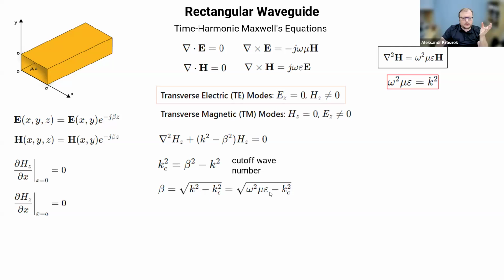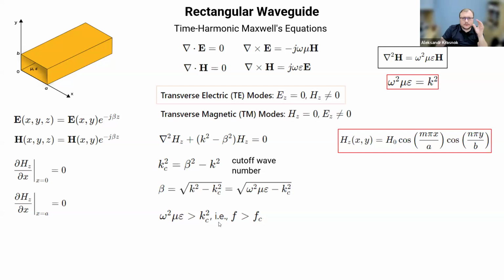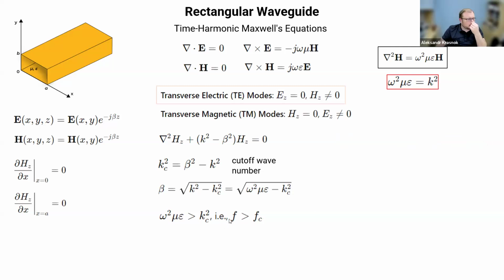And for that, this omega square mu epsilon must be greater than the cutoff wave number squared. Or similarly, the frequency must be greater than some cutoff frequency for this particular mode. This is important. This is the statement of the fact that this rectangular waveguide is not supporting fields of any frequency.